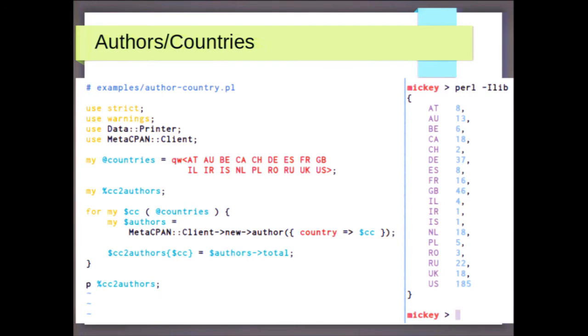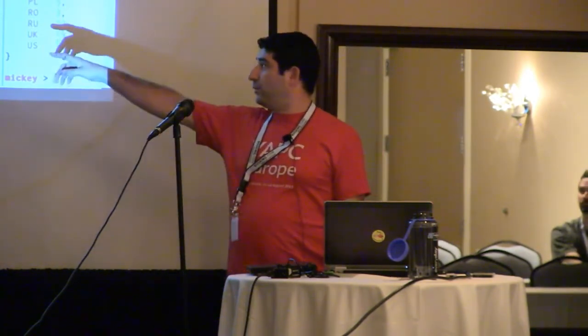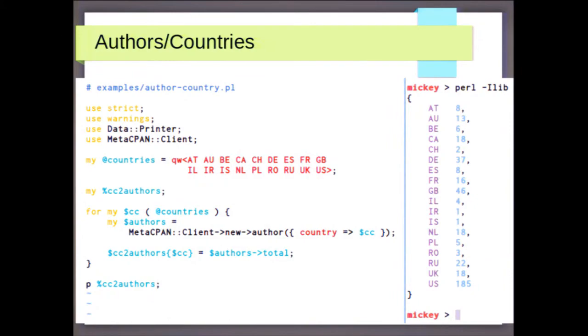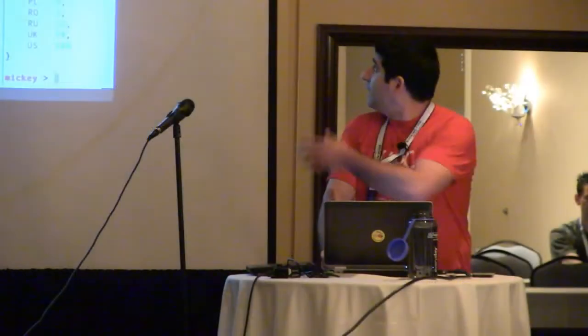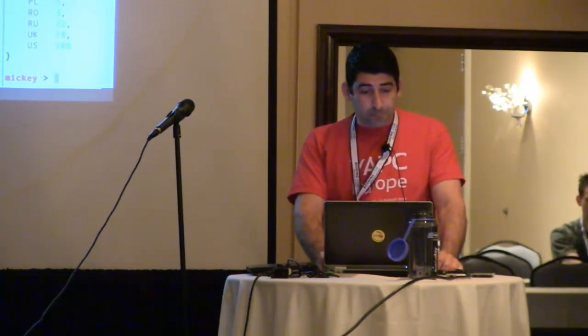And here I'm not even producing the objects of every author because I don't need to. It's lazily fetched from the result set, and I'm only pulling the total from the result set. So this will run much faster than if we didn't do it this way. And on the right hand, of course, you can see some numbers just for those countries.